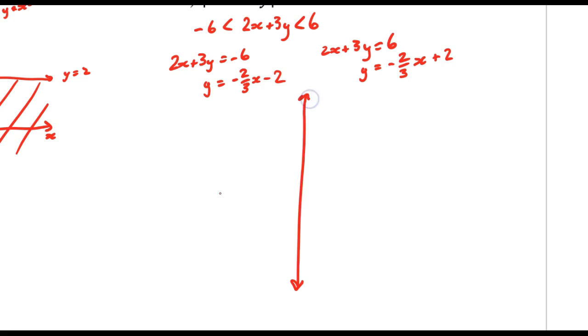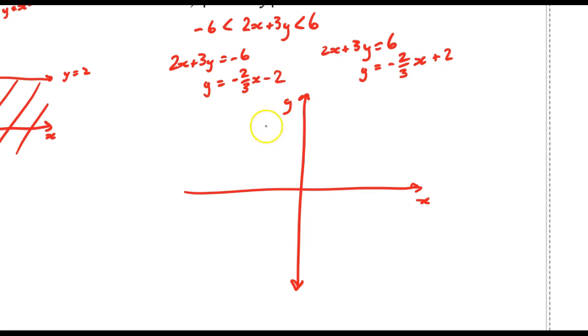Here's our axes, x and y. Now, we've got a negative gradient, an intercept of plus 2 and negative 2. So, strictly, it should be a broken line, not including the line. I get a pair of parallel lines.